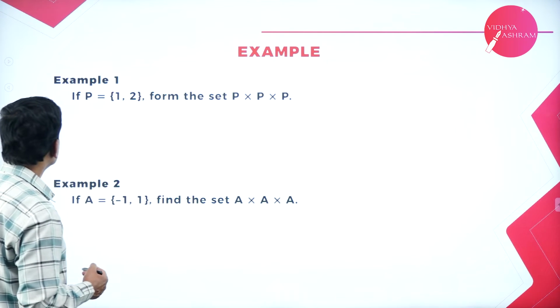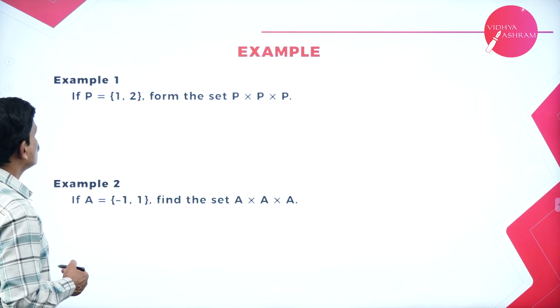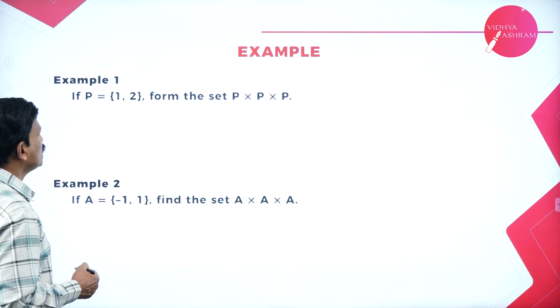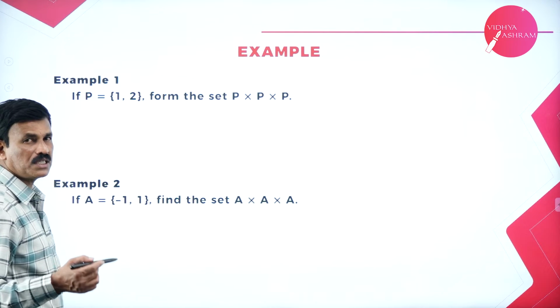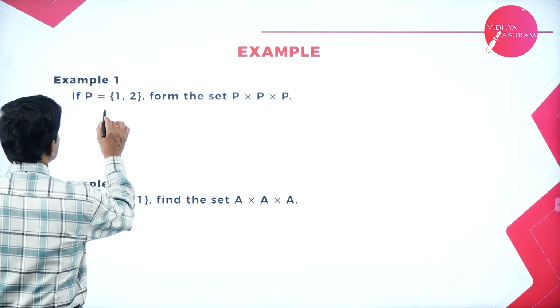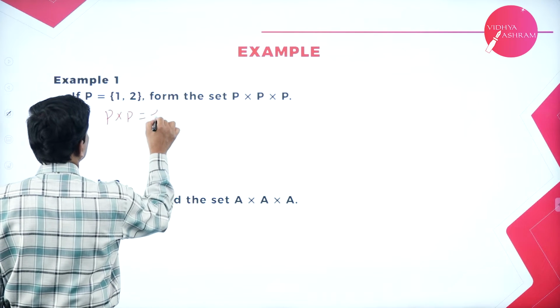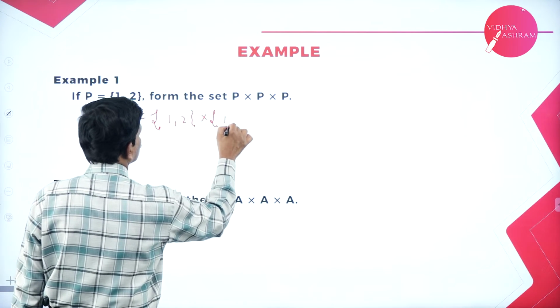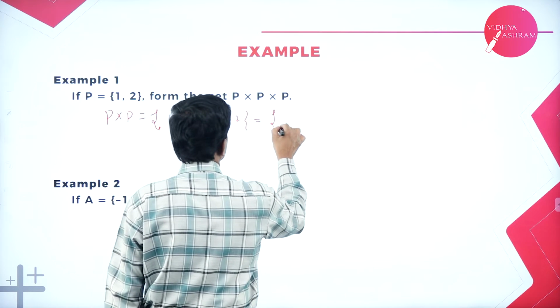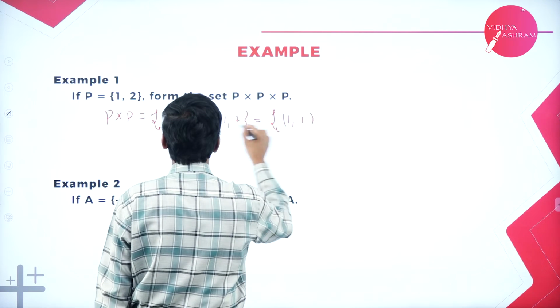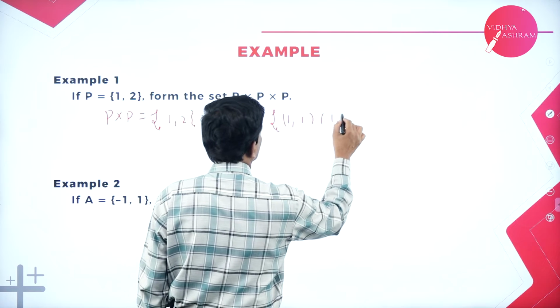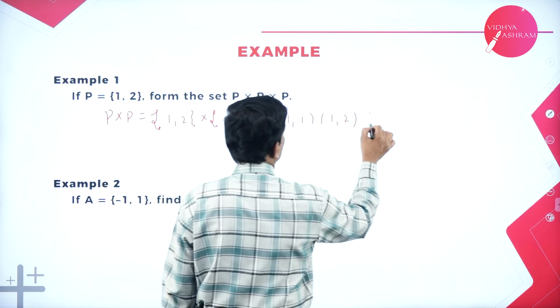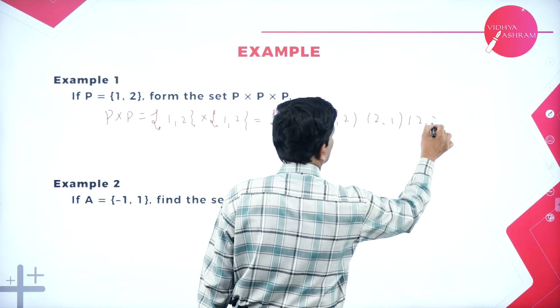What is the problem here? If P is equal to {1, 2}, form the set P cross P cross P, that is, the ordered triplets. Now, first find out P cross P, P into P, {1, 2} into {1, 2}. So, this is equal to (1, 1), (1, 2), (2, 1) and (2, 2).